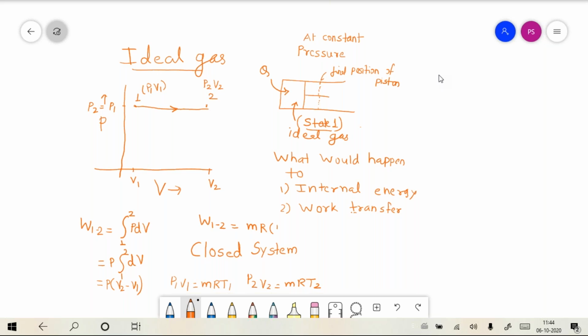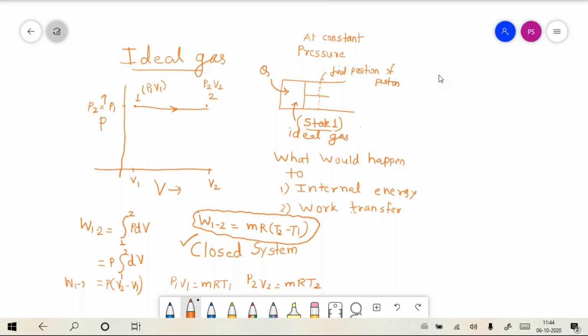This W12 is the expression for work transfer for a closed system, like the piston cylinder arrangement I showed, given by either P into (V2 minus V1) or mR (T2 minus T1). It is the same thing.